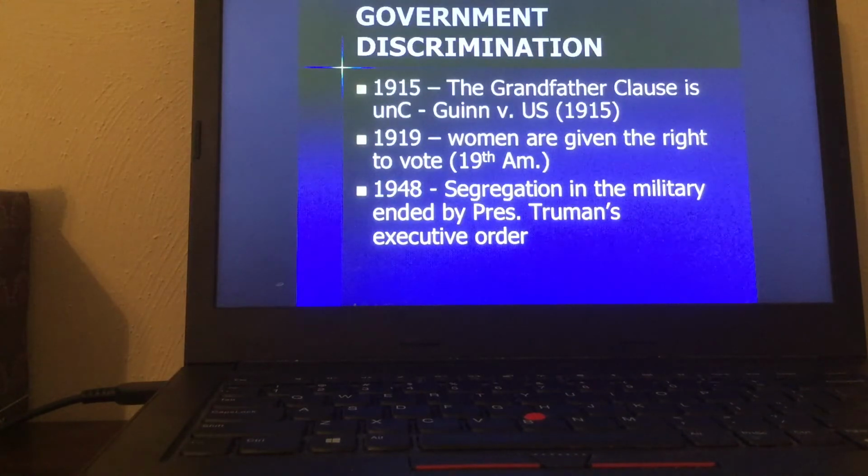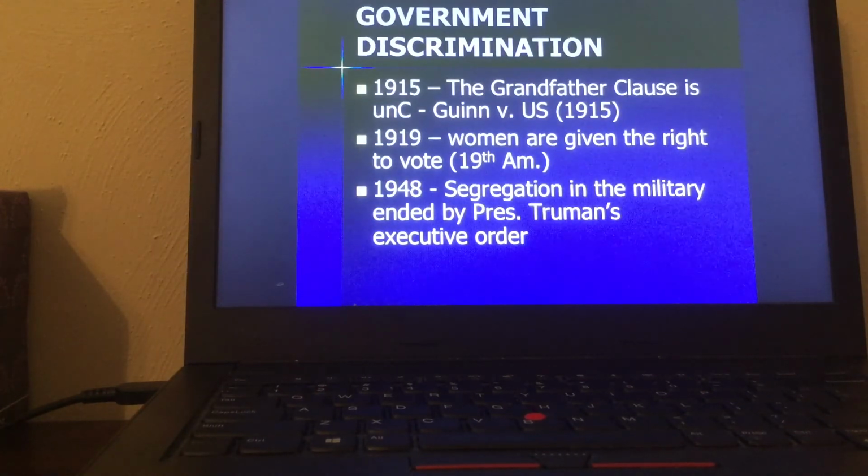And so what that did, it had the effect of basically taking the vote away from African American citizens in the South, from all the states who had it, because their grandfathers were slaves and they couldn't vote. So then the current day African Americans couldn't vote, and then their children and grandchildren couldn't either, because it sort of perpetuates. And the Supreme Court stepped in and said, no, that violates the 15th Amendment. It's basically geared towards African Americans, and you're denying them the right to vote. So that's unconstitutional.